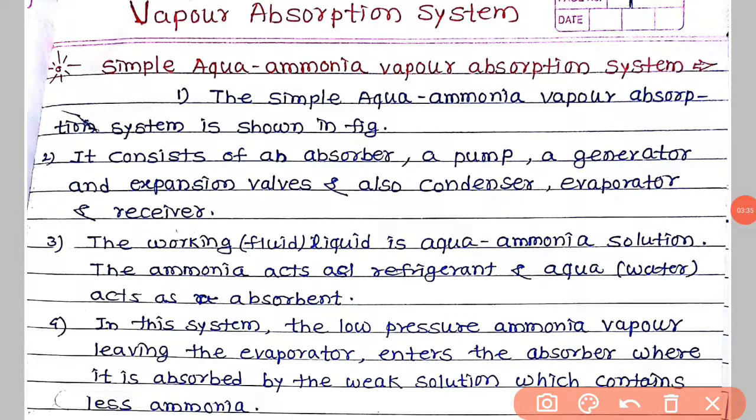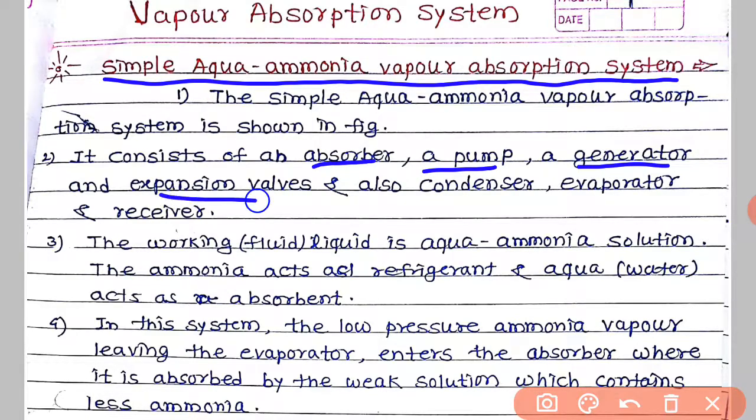See here, the simple aqua ammonia vapor absorption system. The simple aqua ammonia vapor absorption system is shown in the previous figure. So it consists of the main parts: absorber, pump, generator, expansion valve, and also condenser, evaporator and receiver.